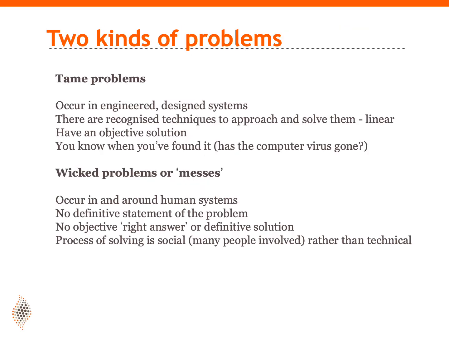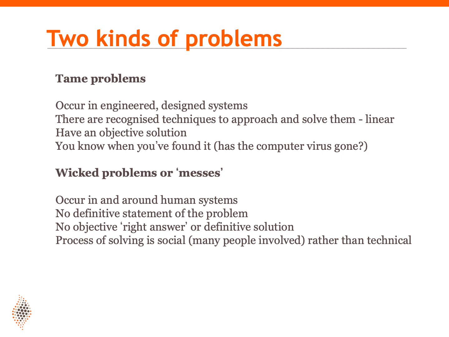The other distinction I want to make for you is that in lesson 2 we really looked at solving complex problems, and in systems thinking there is one distinction made about 2 things, which is that problems can be defined as tame or wicked, and sometimes wicked problems are called messes.